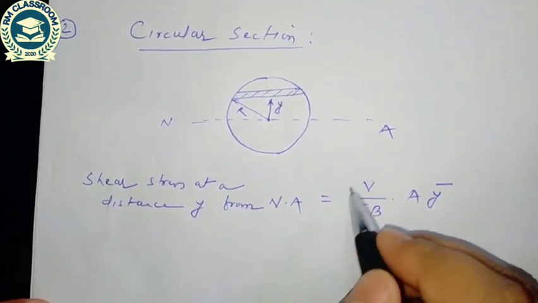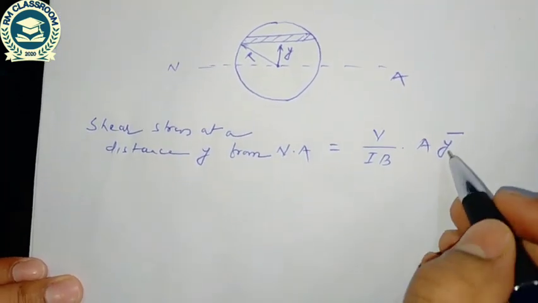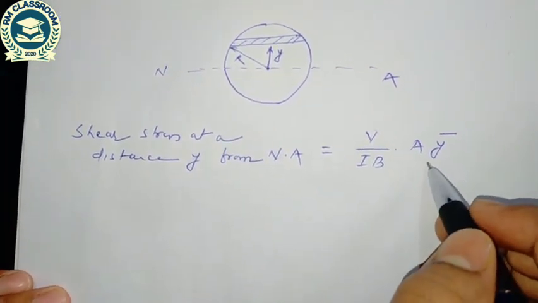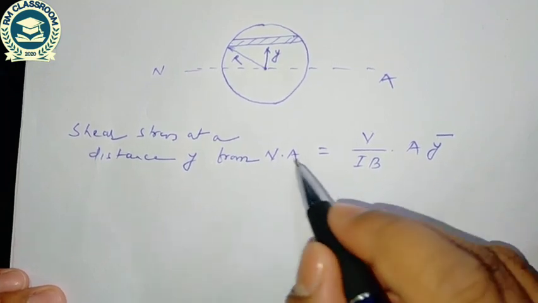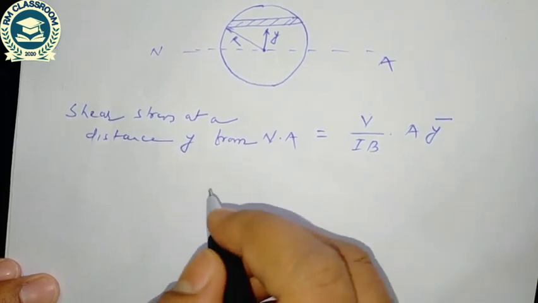Here B is the diameter of the section. So once we compute the value of the moment of area, that is A y bar, then we can compute the expression of shear stress at any point.